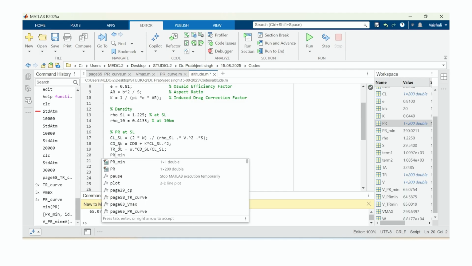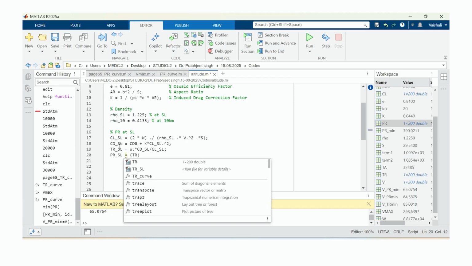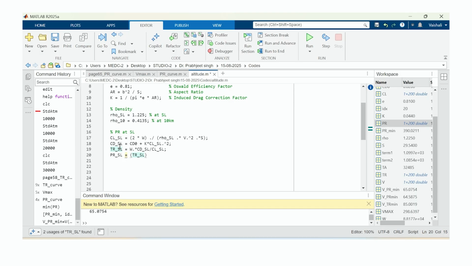You can immediately find power required at sea level equals thrust required sea level dot into V sea level divided by 746. So now you will get the power required in horsepower.